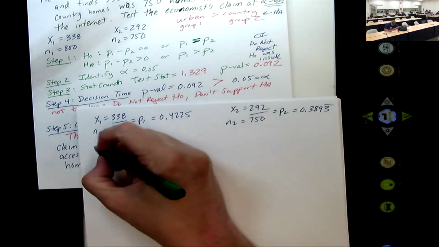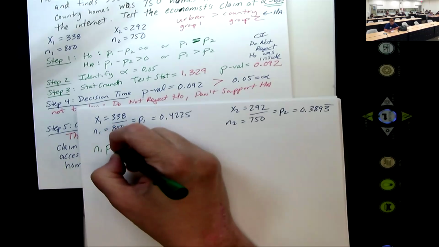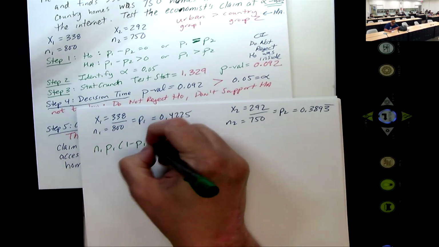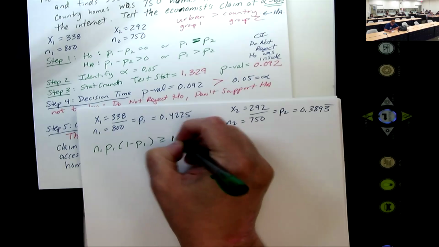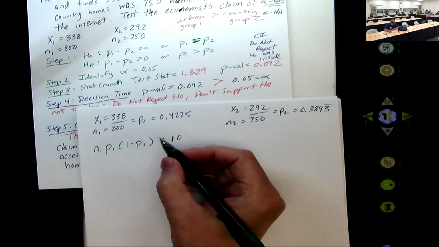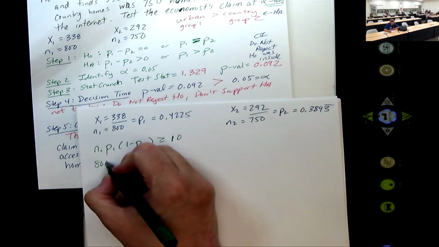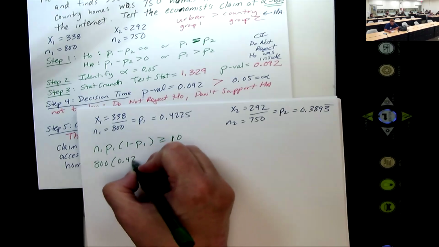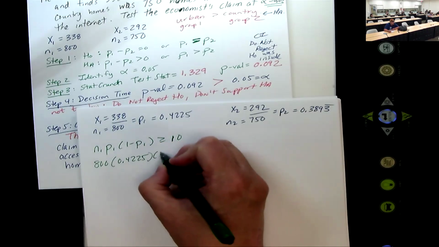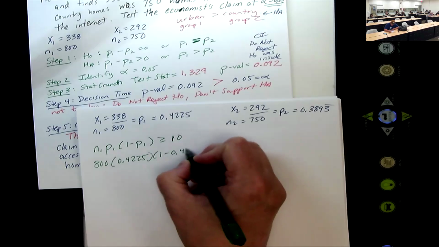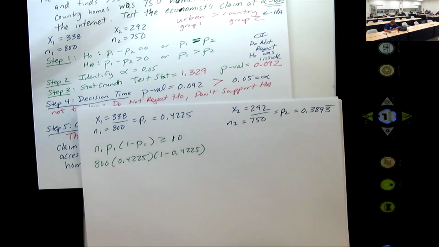So we need to check, is N1 times P1 times 1 minus P1 greater than or equal to 10? Is 800 times 0.4225 times 1 minus 0.4225, what does that equal?